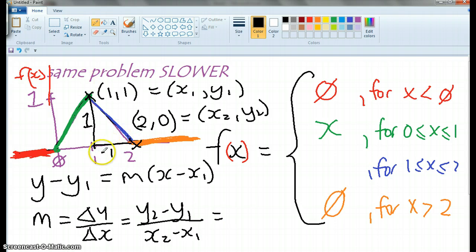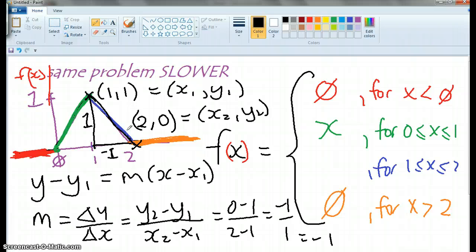I can actually see that that gradient is negative 1. Anyway, y2 minus y1, so 0 minus 1, over x2 minus x1, so 2 minus 1. So I've got negative 1 over 1, which is negative 1. Okay? So whether you actually read that off the graph and you know that that gradient's negative 1, or you did it with the equation, doesn't actually matter. The important thing is that gradient of that line is negative 1.